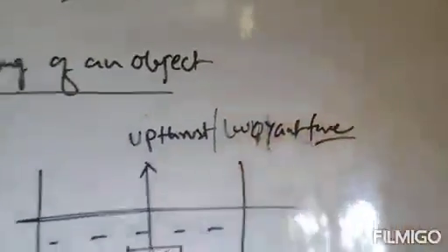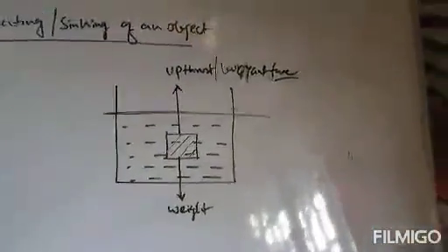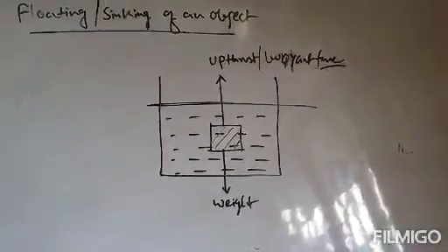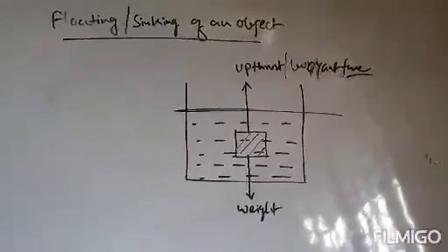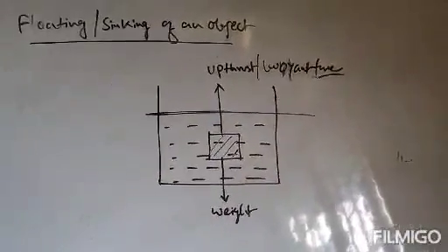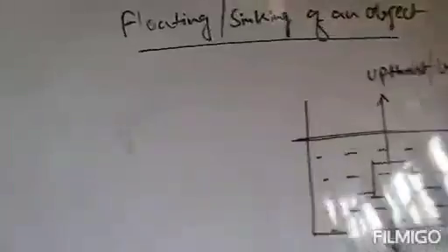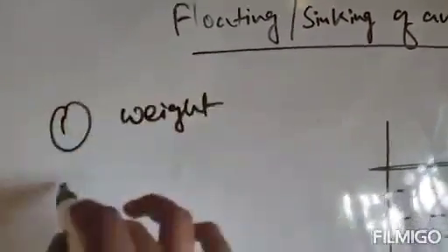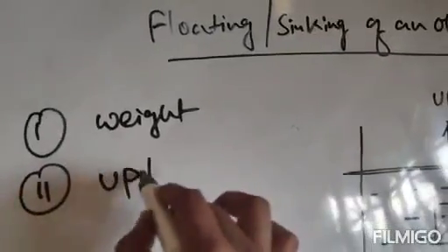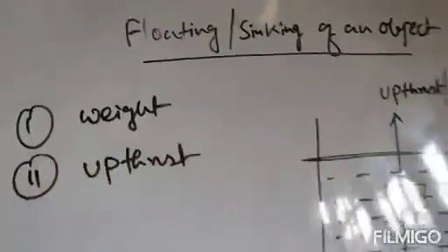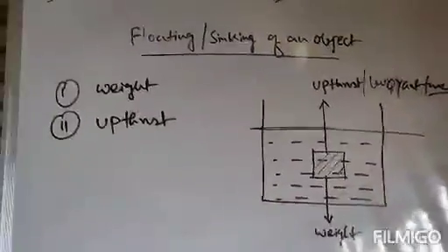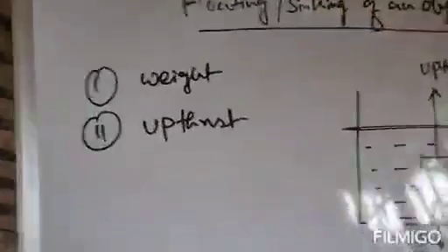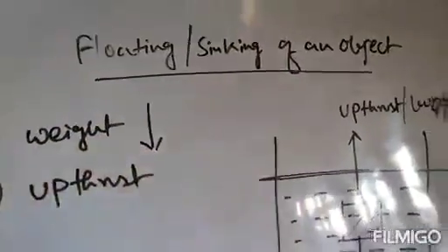So when an object is immersed in a liquid, two forces will act. The number one force is its weight, and the second one is upthrust or buoyant force. The weight will act in the downward direction.